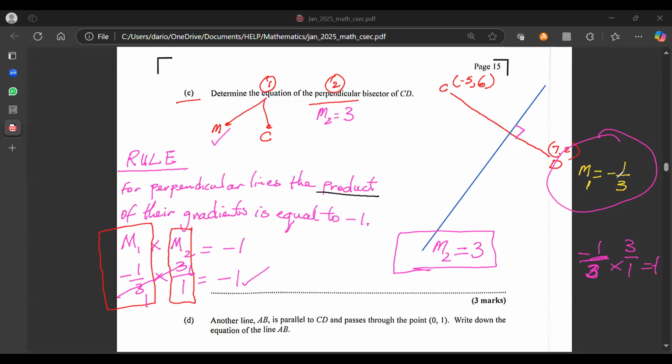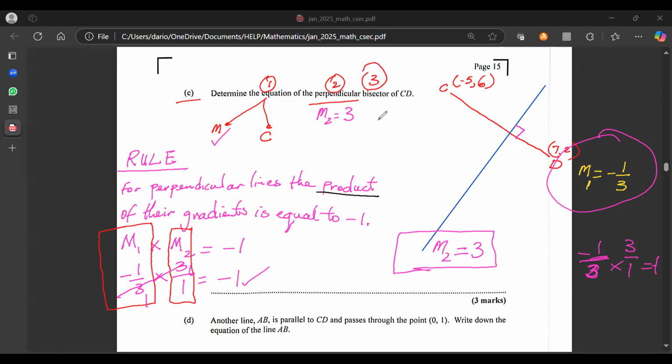It's negative already, so it has to be positive. So you just flip this, so it will be 3 on 1 or 3. So we know that the perpendicular gradient is 3. But the last thing we need to know is what is a bisector.